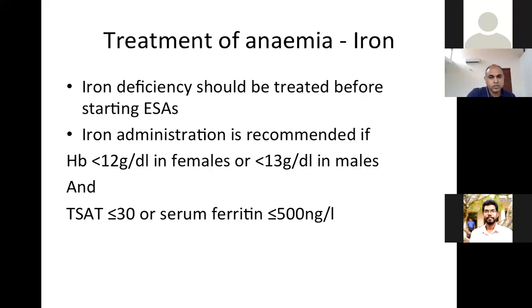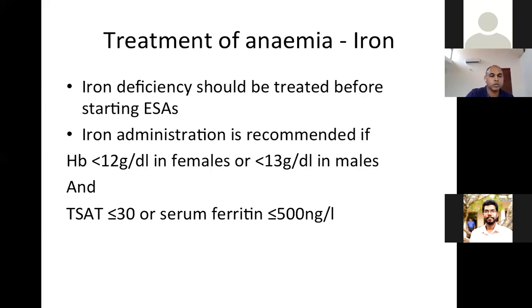And that is because sometimes ferritin levels can be high because of inflammation, because they commonly have other inflammatory conditions. So therefore we have to use more than one parameter to actually assess the iron status. So classically, we consider somebody as having iron deficiency in CKD if the transferrin saturation is equal to or less than 30.